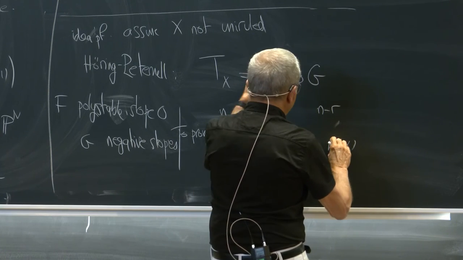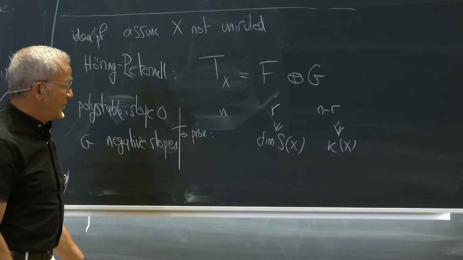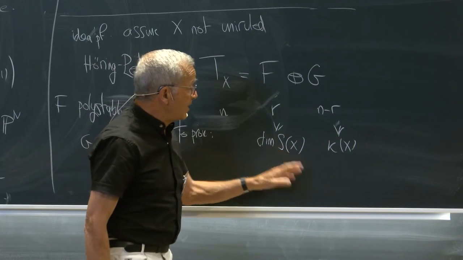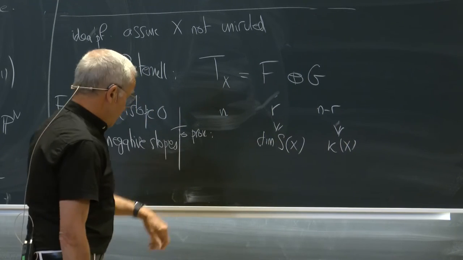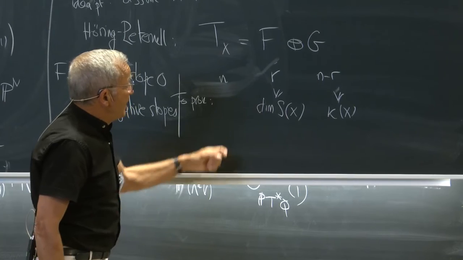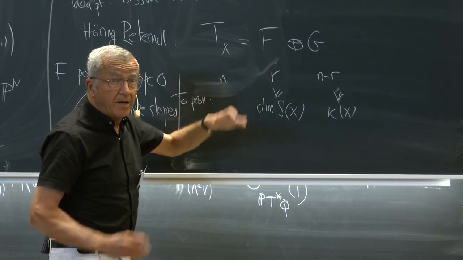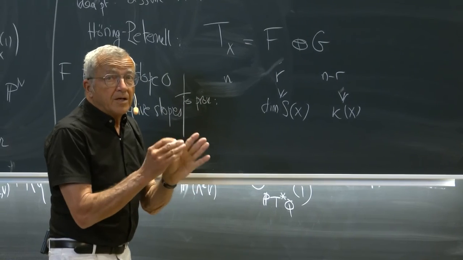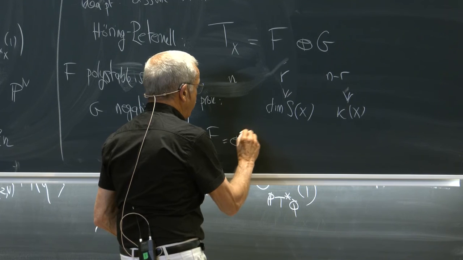So somehow this part controls the dimension of the symmetric algebra, and this part controls the Kähler dimension. Okay, why is that? Very briefly, here we have a polystable vector bundle of slope 0.